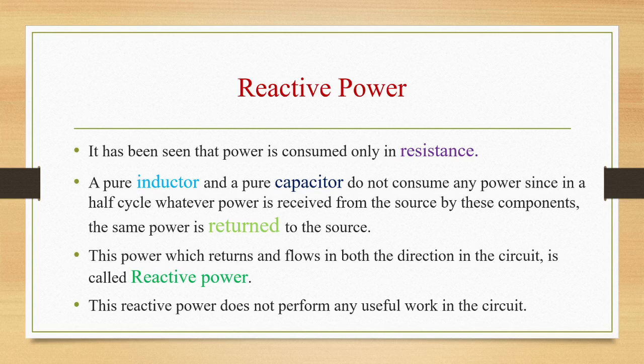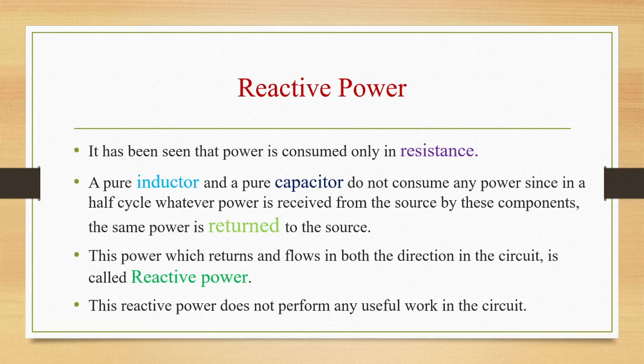So in one half cycle power is received from the source, and in the next half cycle power is returned to the source. This power which returns and flows in both directions in the circuit is called reactive power, and this is the power consumed by inductor and capacitor, where it is not doing any useful work in the circuit.